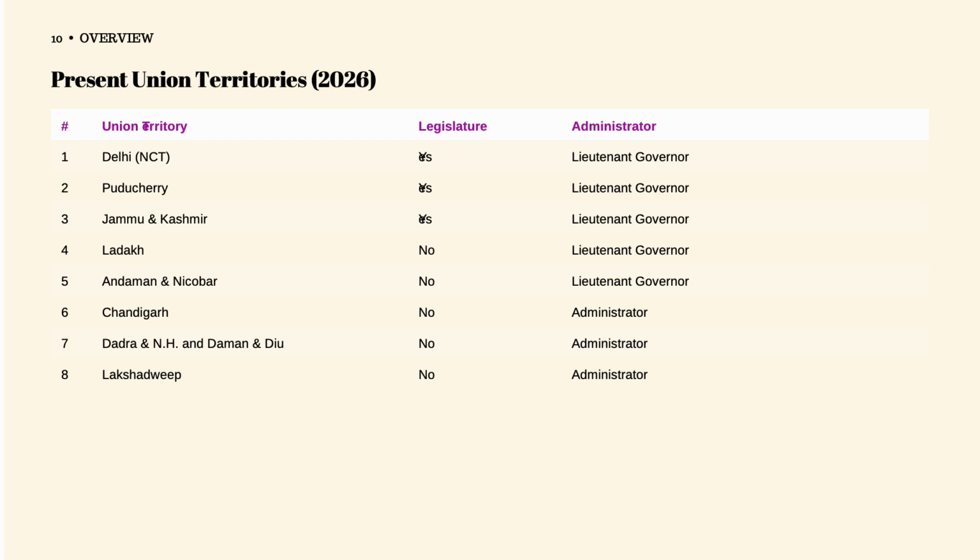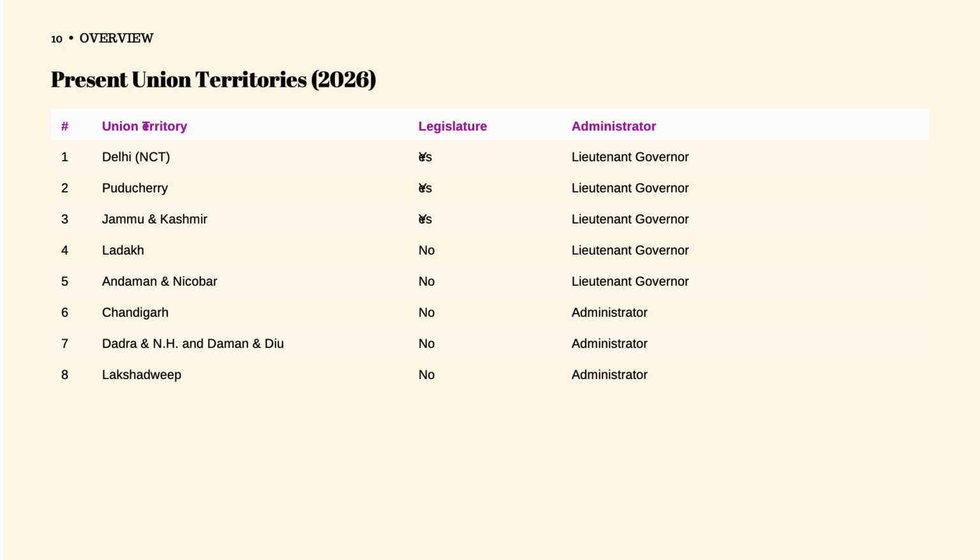So, administrator: the first 5, lieutenant governor; 6, 7, and 8, administrator. Now, administrator versus governor. Agent of the president, constitutional head of the state, heads a union territory. The administrator will head a union territory. The governor will head a state. The administrator represents the union government.